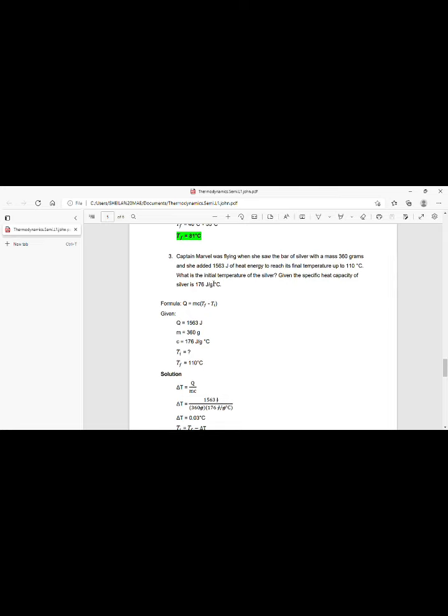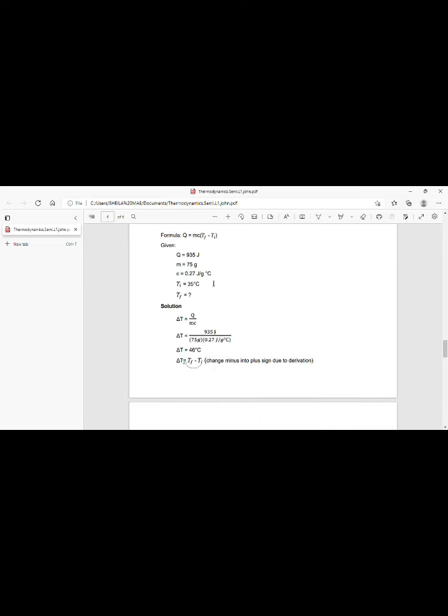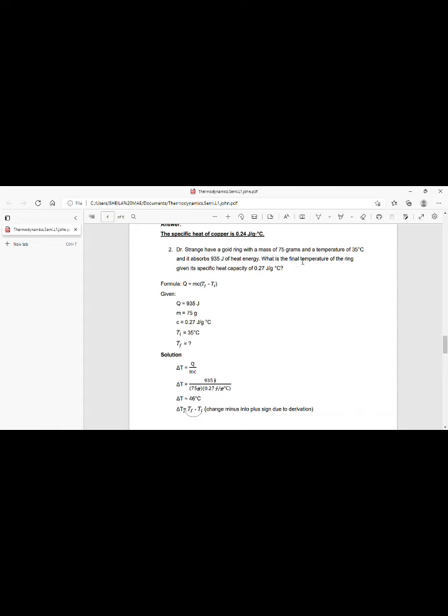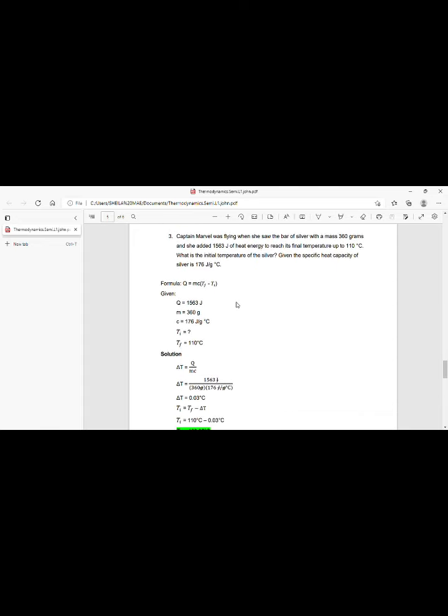So in problem number 3, the missing here is the initial temperature, which is similar to problem number 2, where the missing was the final temperature. The formula is the same as in problem number 2, which is the heat energy equals mass times specific heat times the change in temperature.